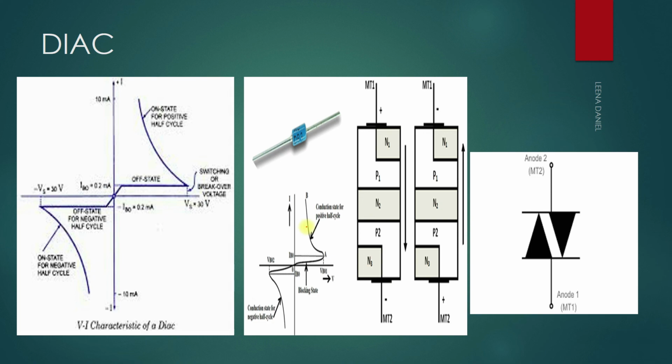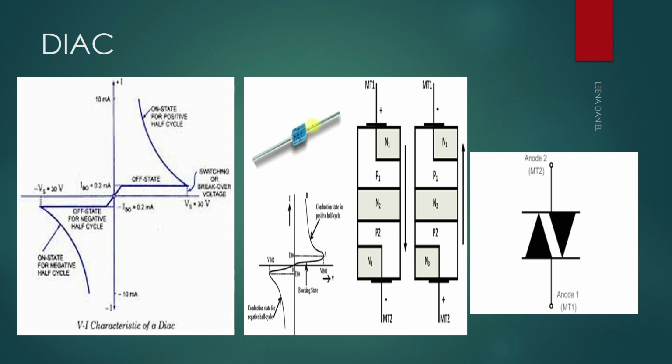The diac is a bidirectional device. It can conduct in both directions, in the forward direction and in the reverse direction. See, it has two terminals, MT1 and MT2. MT means main terminal 1 and main terminal 2.